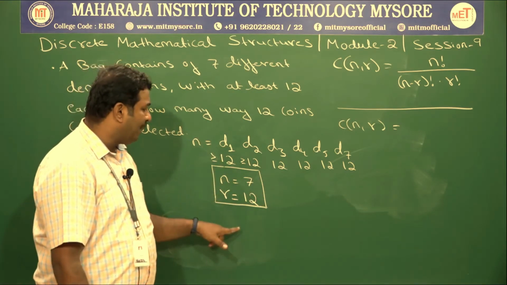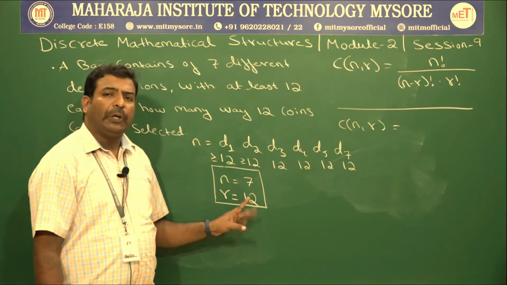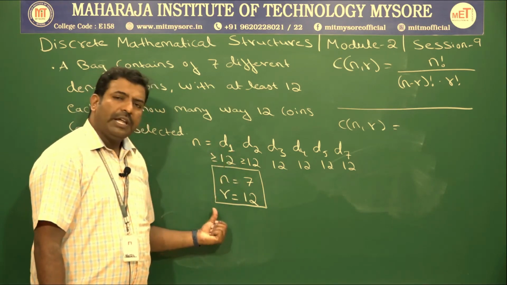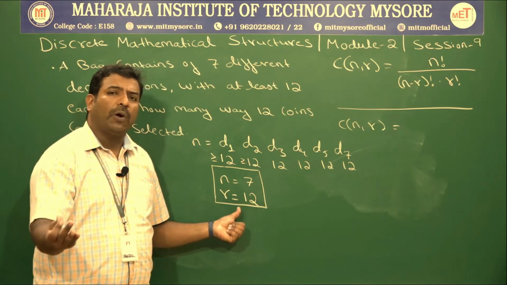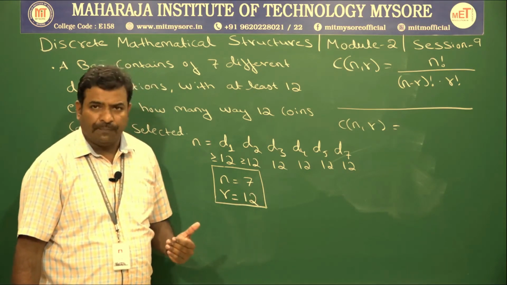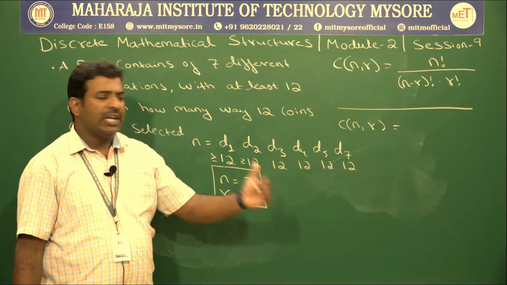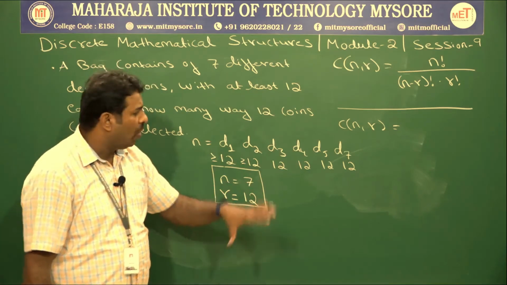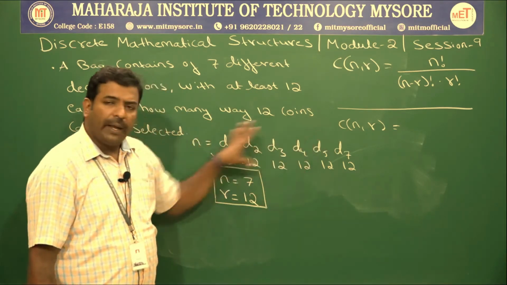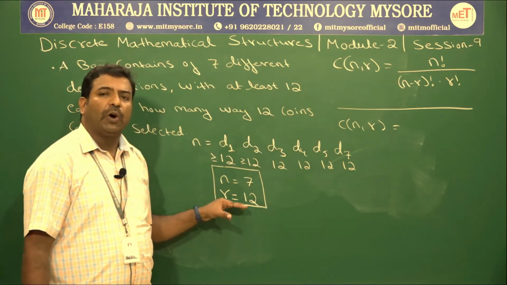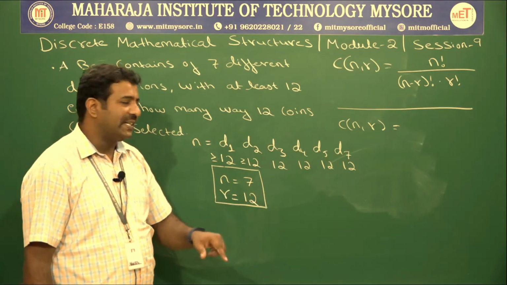But what exactly is happening? I was supposed to pick 12 coins. When I pick one coin from denomination 1, how many more coins do I need to pick? R minus 1. Hence r will keep on reducing. N will stay constant, r will keep on reducing. Hence how many options have you got? That is n denominations, and the number of objects you want to select after the one selection.